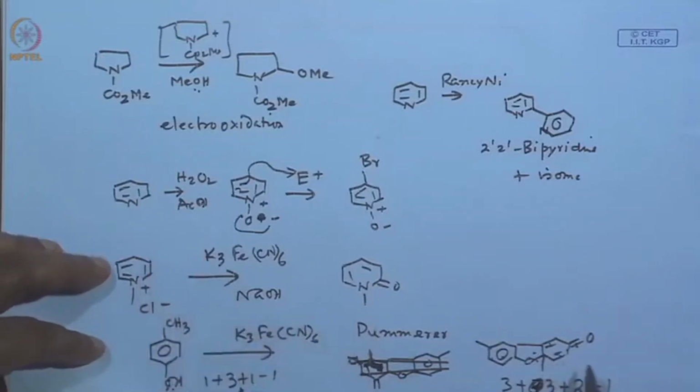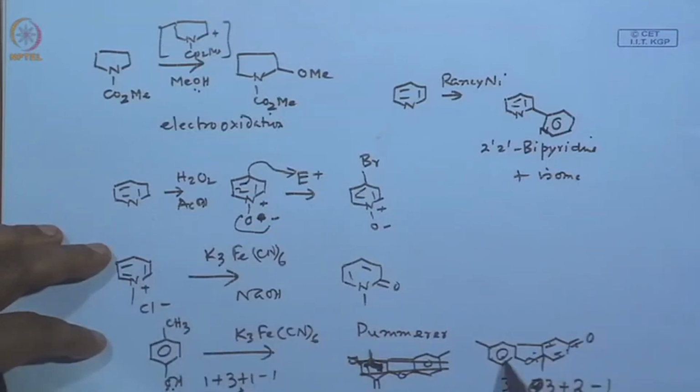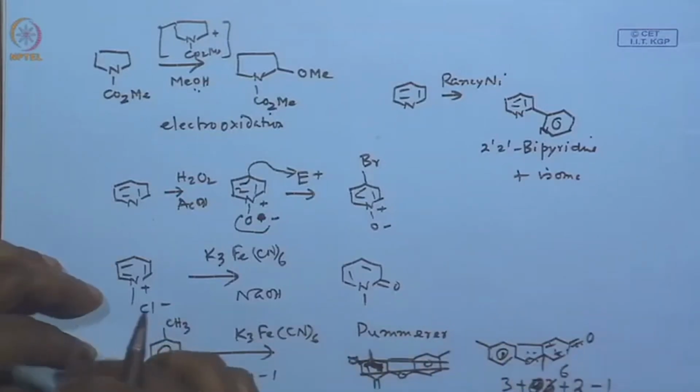In this case, 1, 2, 3 cycles and 6 double bonds, 2 heteroatoms minus 1, so it is 10. So it is a clear case of 4 electron oxidation.